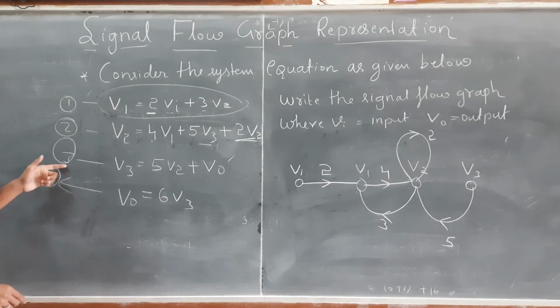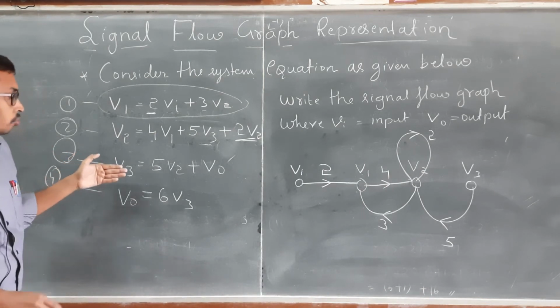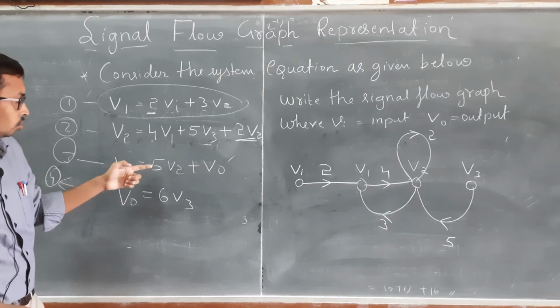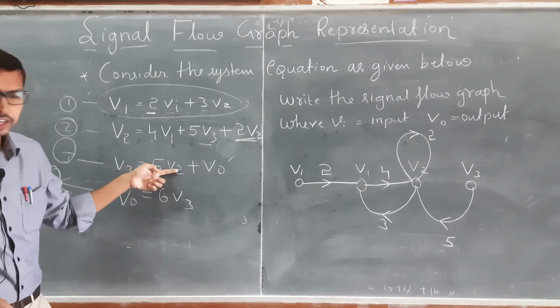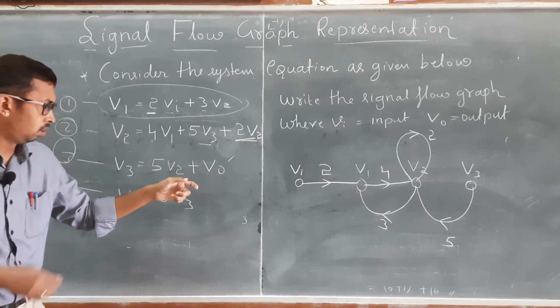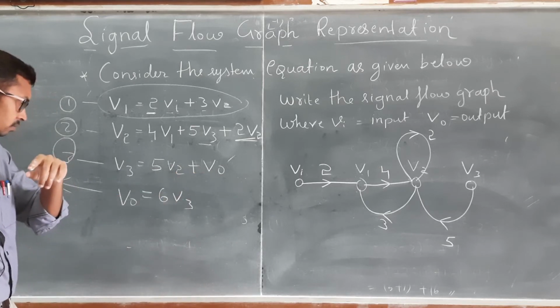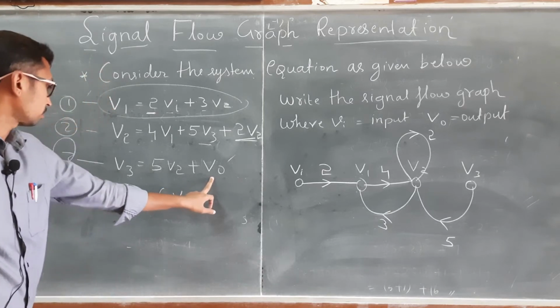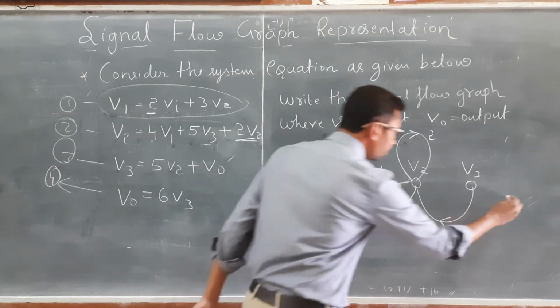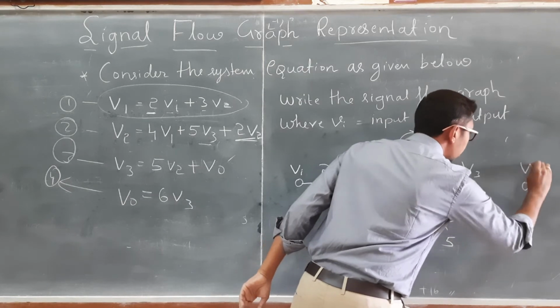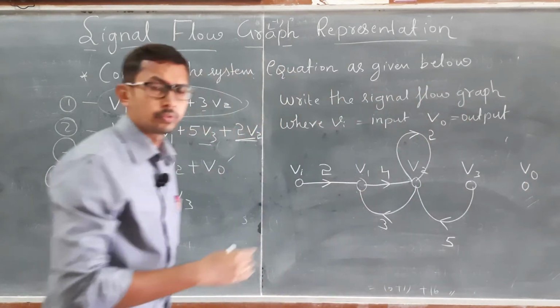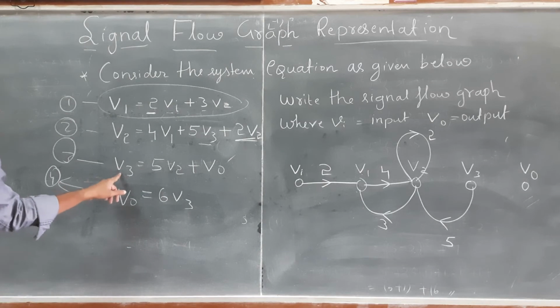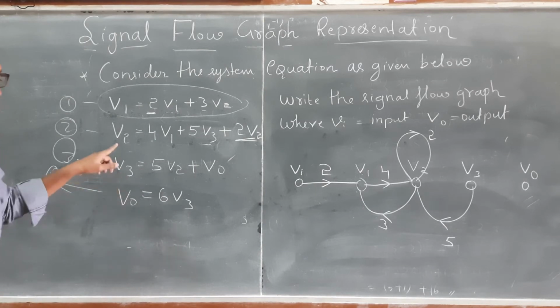Next, let us consider equation number 3. V3 is equal to 5V2 plus V0. We have another variable, that is V0. What does V0 mean? Output variable. Now we are writing the equation for which variable?